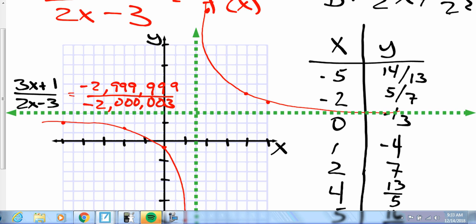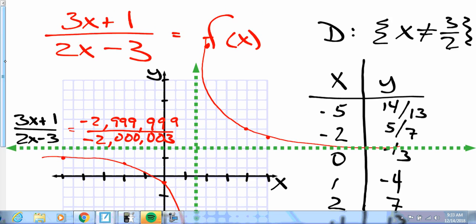Oh, my graph's off. So, riddle me this. Should I draw my asymptotes in before I draw my graph? Yes. How did I get 3/2? How do I get 3/2 just by looking at this? These become more and more meaningless as x zooms off into infinity, right?